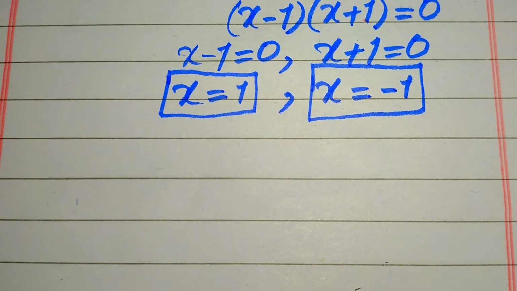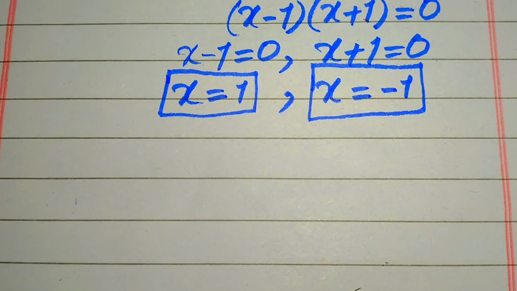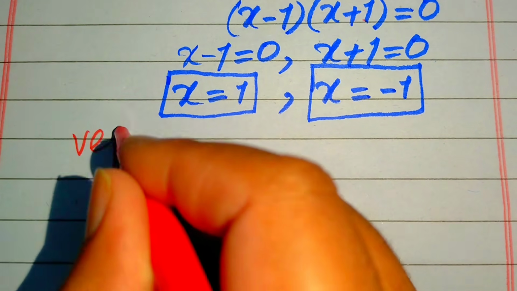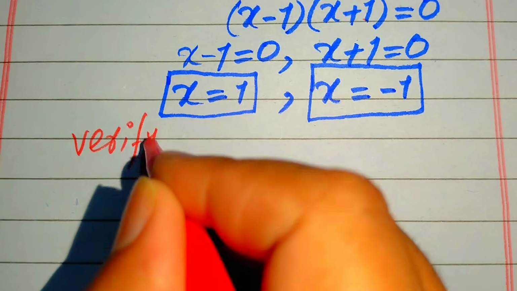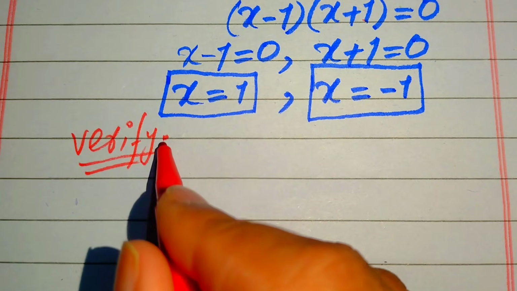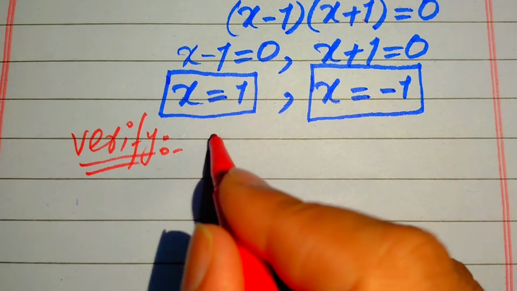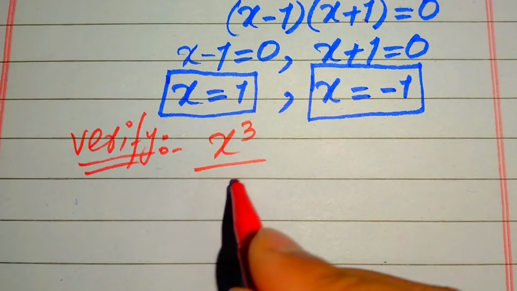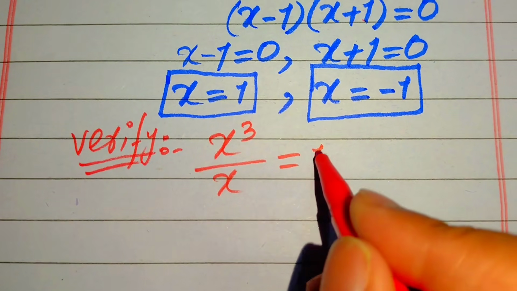And now in the next step we need to verify whether these roots are solutions or extraneous roots. For verification of these roots, we copy down the given question statement: x cubed divided by x is equal to 1.